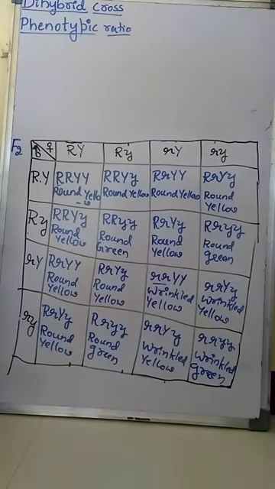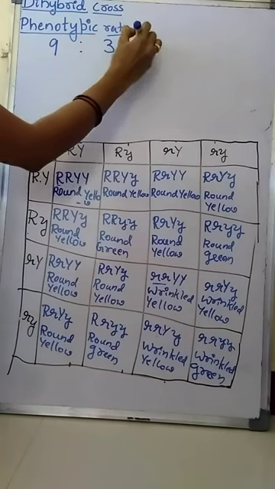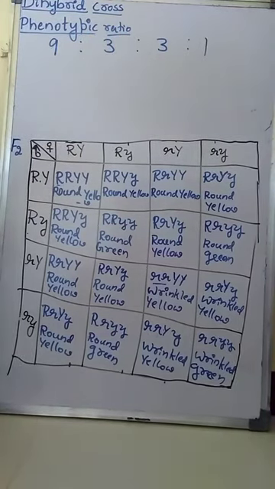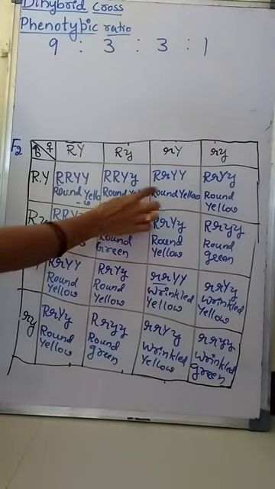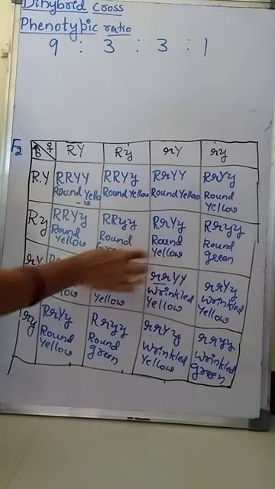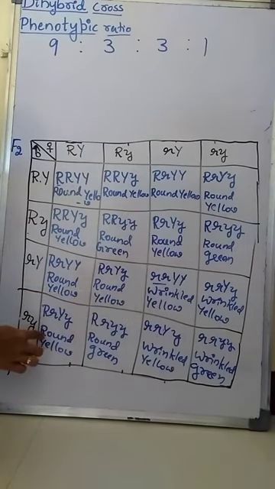So totally 4 different combinations we have obtained, but the phenotypic ratio will be 9:3:3:1.